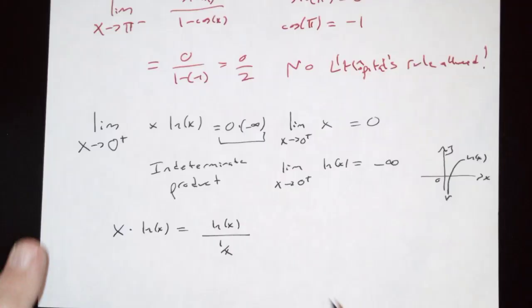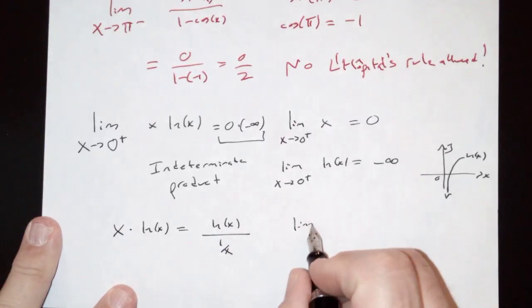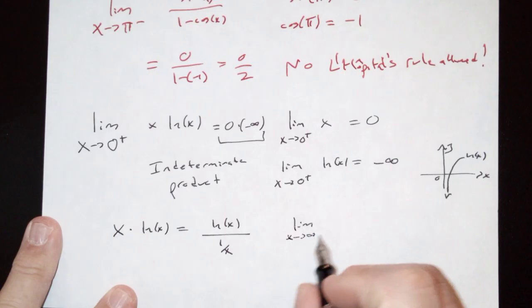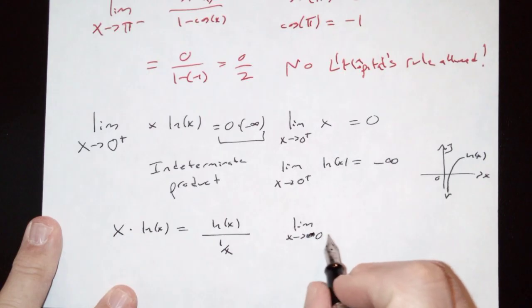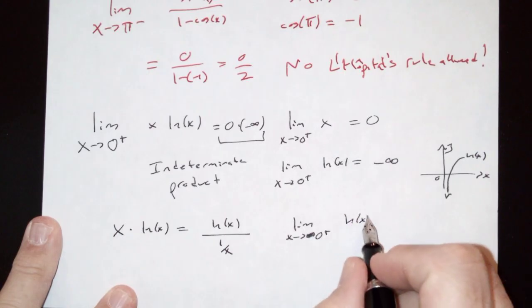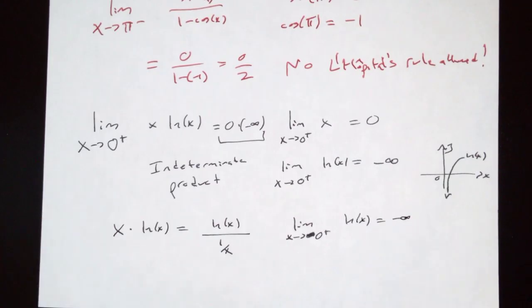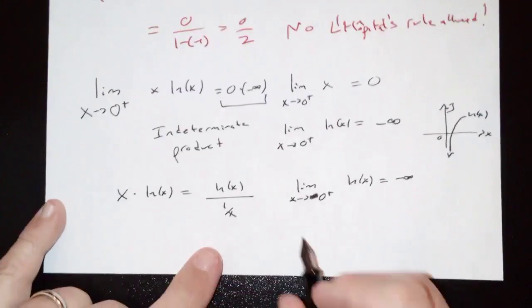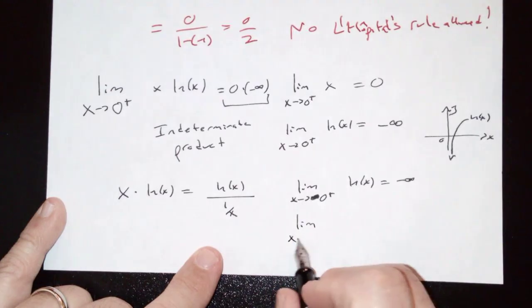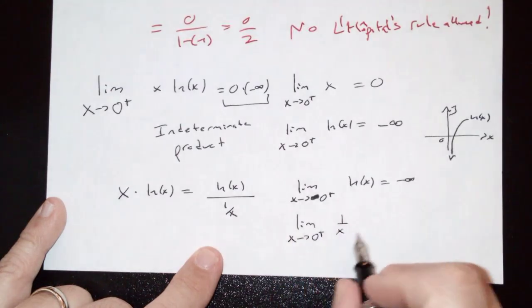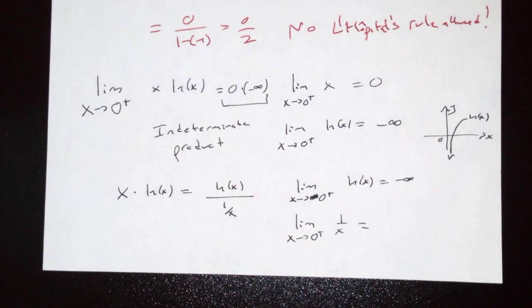Well, now the top goes to negative infinity. And the bottom goes to what? What's 1 over x as x gets really, really small?